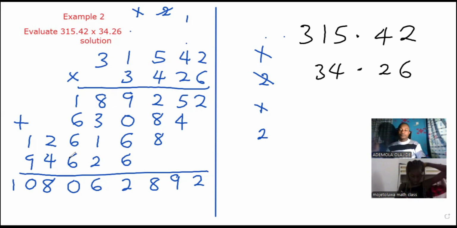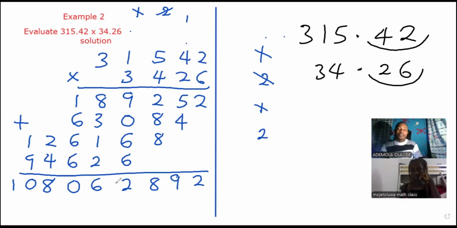If you look at the decimal here, we have 2 digits after decimal. Here we have another 2 digits after decimal. So altogether, behind the decimal for the 2 numbers we multiply, there are 4 digits altogether: 1, 2, 3, 4. So that means we must have 4 digits behind the decimal in our answer, which implies our decimal is supposed to be placed here.